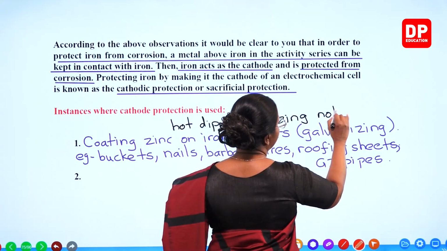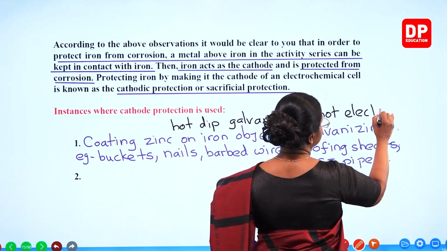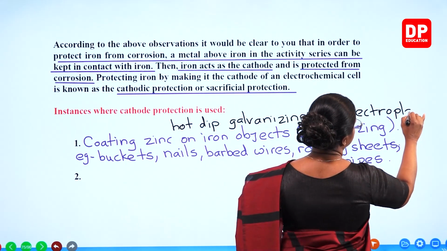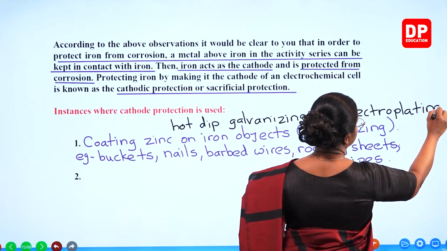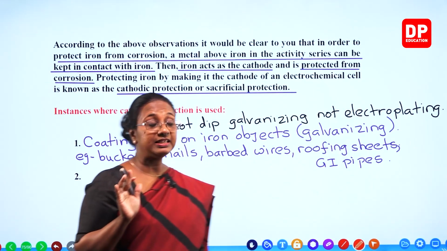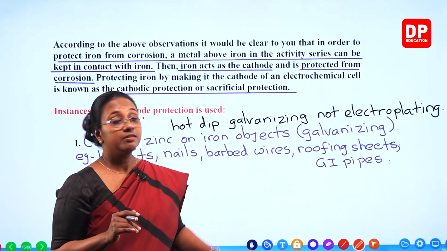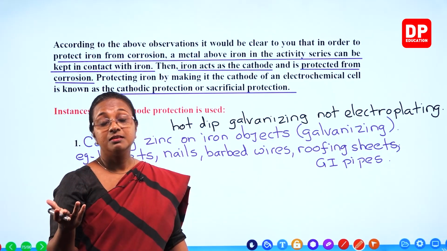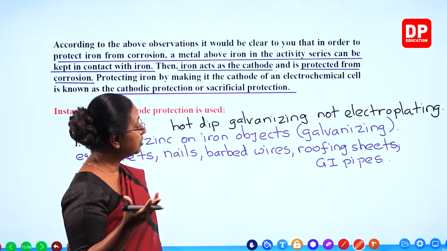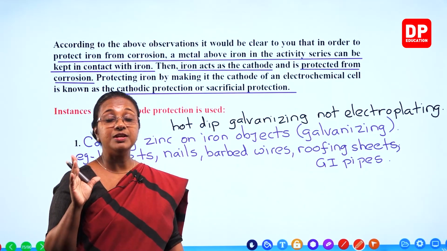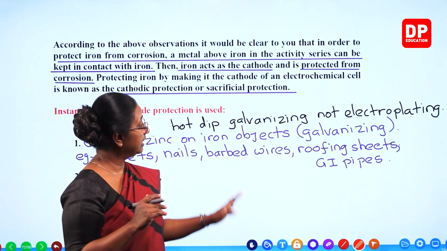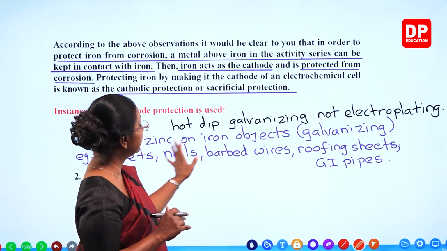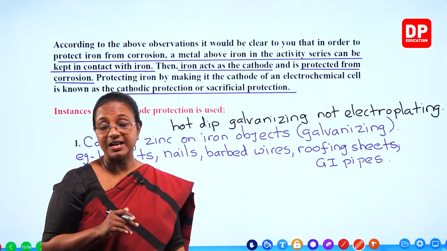Not electroplating. We have in an activity, we saw how we can plate zinc onto iron, but we don't use that method here. Here it is not electroplating, it is known as hot dip galvanizing.